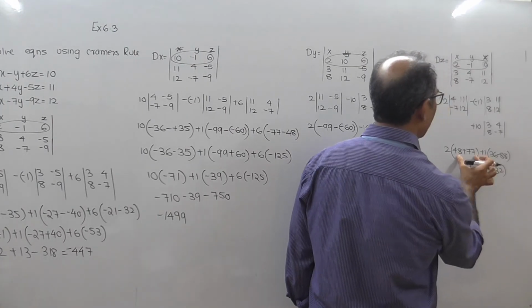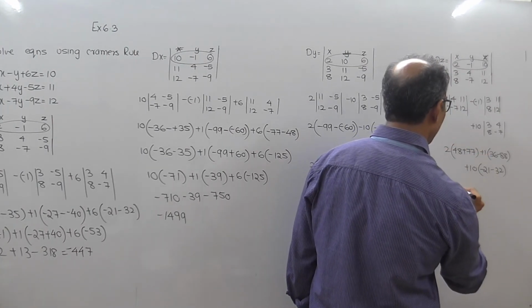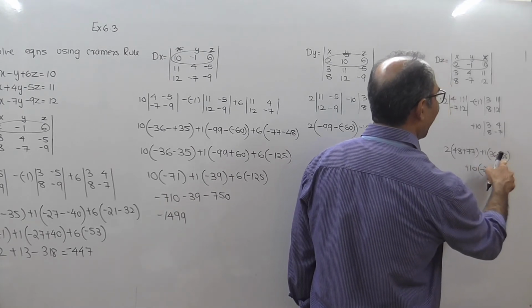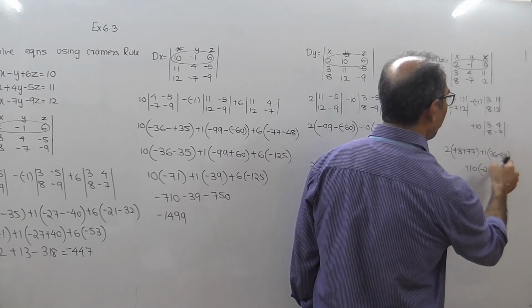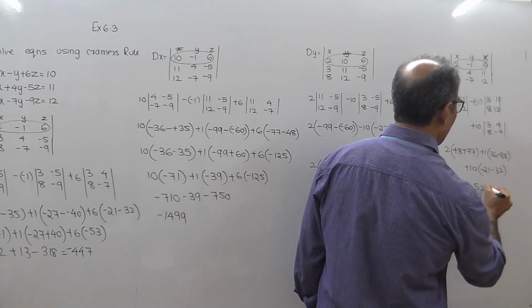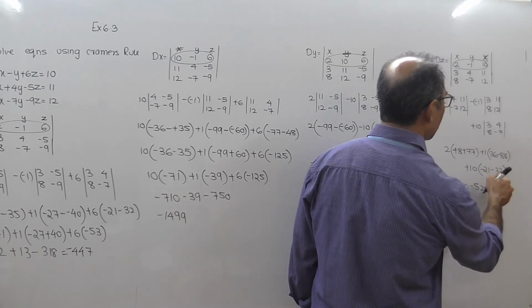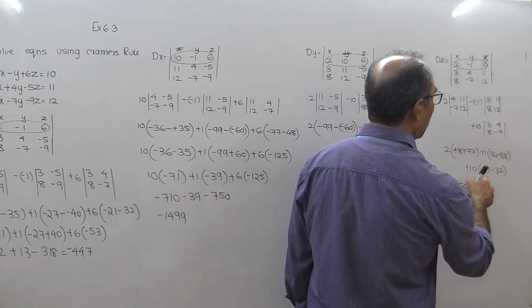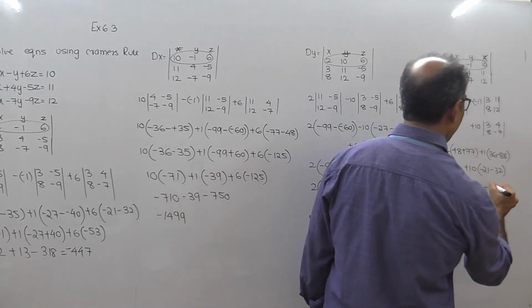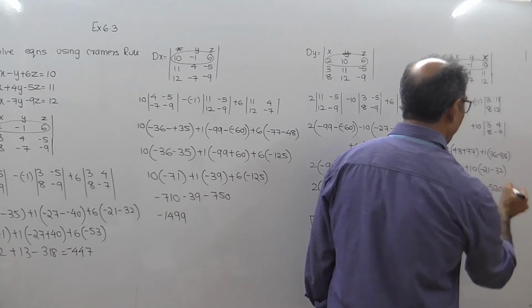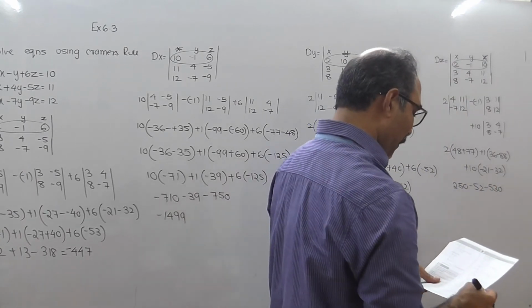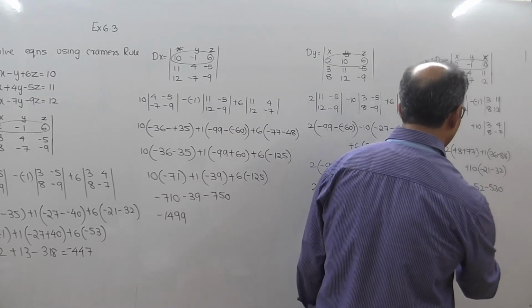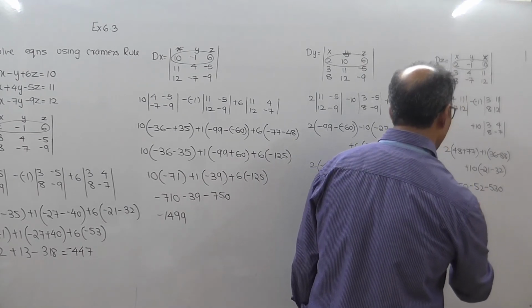This is 125 into 2, 250. 36 minus 88 is minus 52, and this will be minus 32 and 21 is 53, 530. The answer for this will be minus 332.